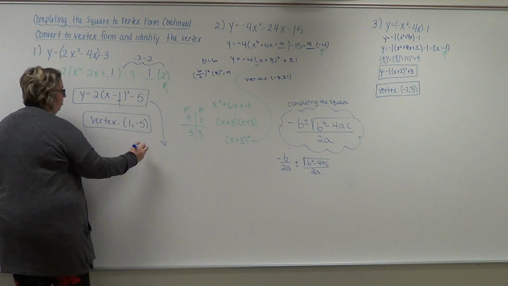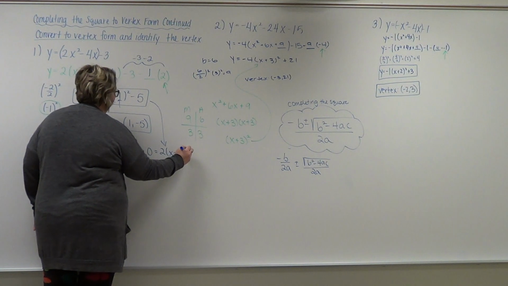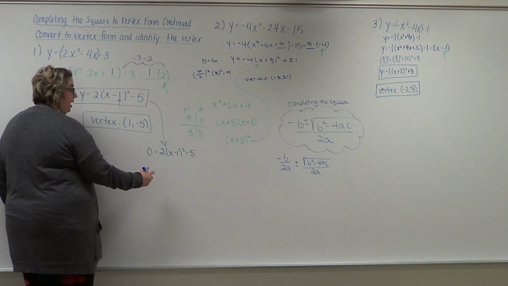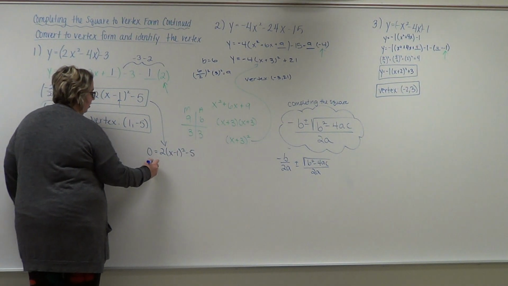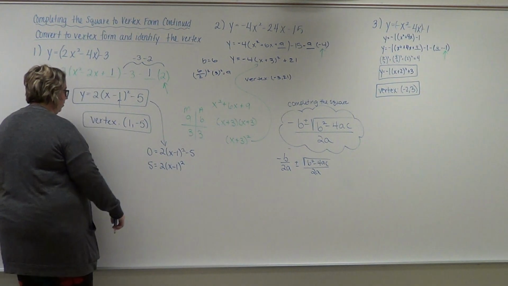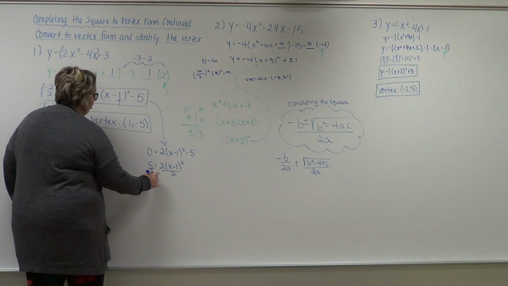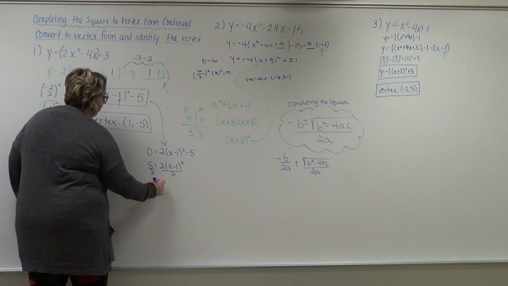Well, if I solve for x, what would be the first thing I would do? Before I would divide, what would I do? I would add 5, right? Okay, then what would I do? Then I would divide by 2. Then what do you do after you do that? Square root.